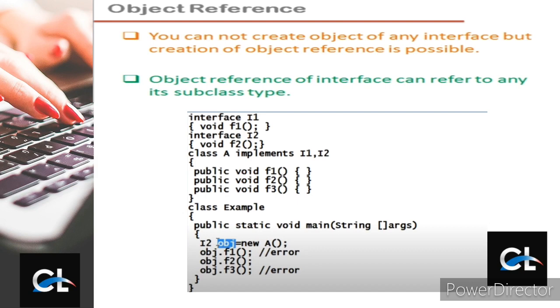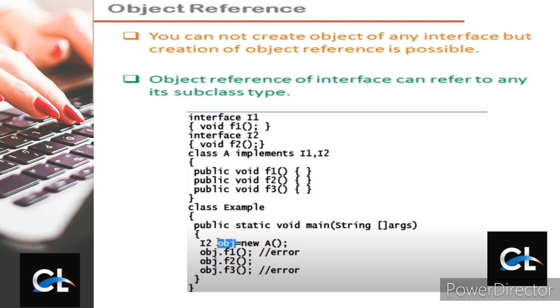Under this, we use f1, f2 and f3. f1 and f2 are methods which we access from the interface part, and f3 is its own method. Its own method means it's a method of class A.